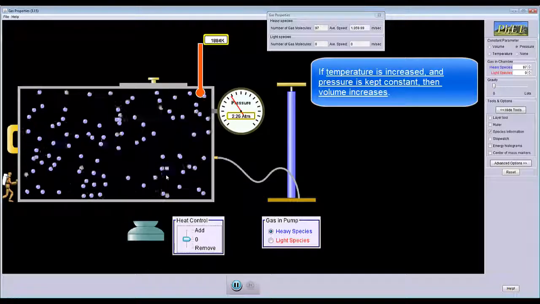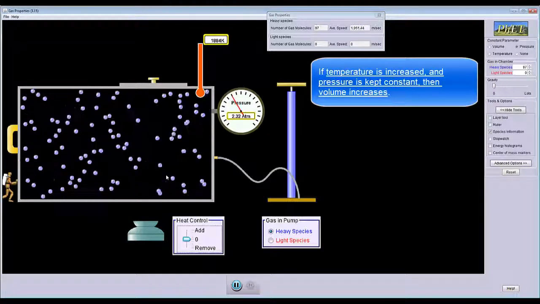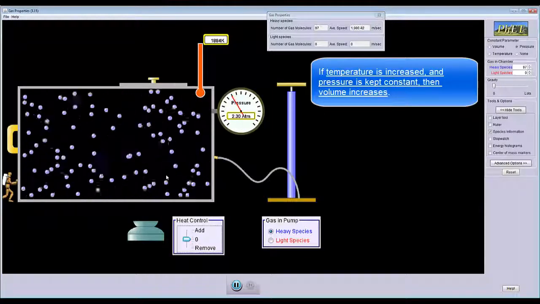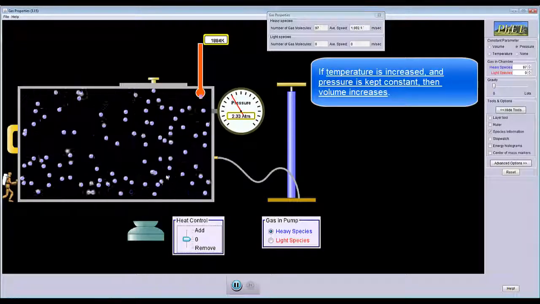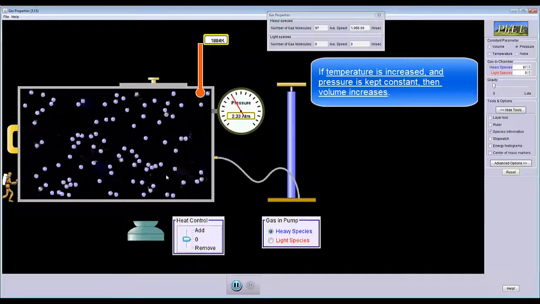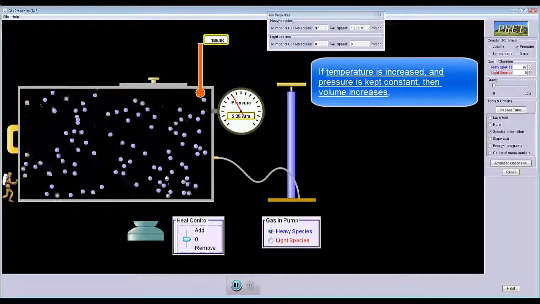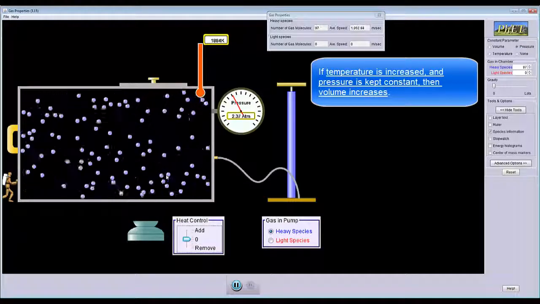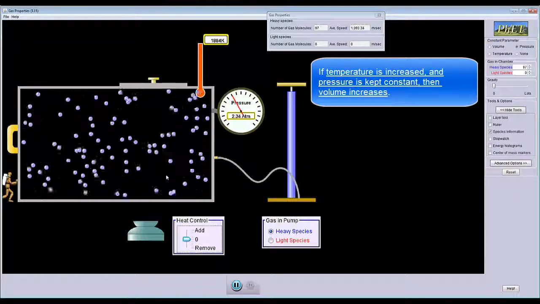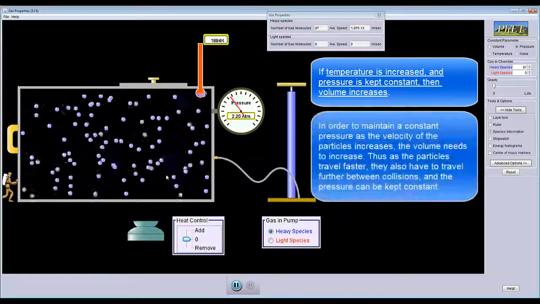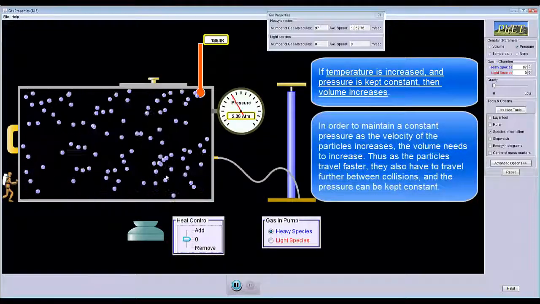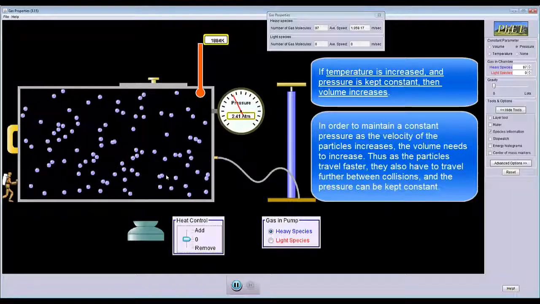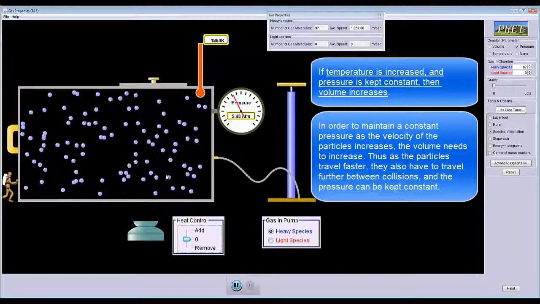However, if we increase the volume by a corresponding amount, then we can compensate for the fact that the particles are moving much more quickly, because in an increased volume the particles also have to travel further in order to collide once again with another wall. And so in order to keep pressure constant, as we increase the temperature, the volume will have to increase.